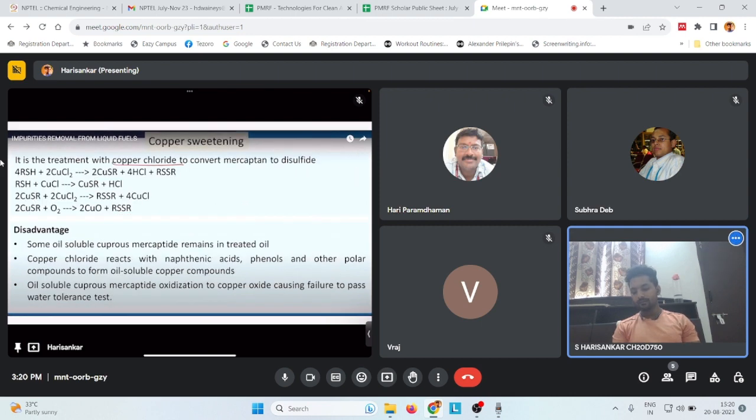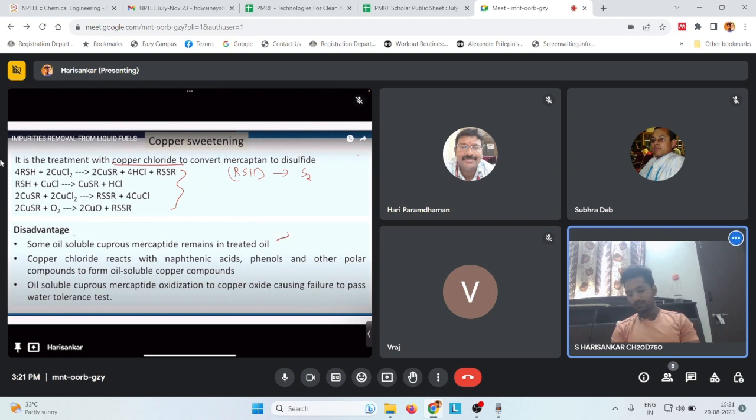Then we have copper sweetening, where basically we'll be using copper chloride to convert the mercaptans or RSH products into disulfide, basically having S2. So here also you have a variety of different steps in the reactions, and some of the disadvantages of this process is that some oil soluble cuprous mercaptide remains in the treated oil.